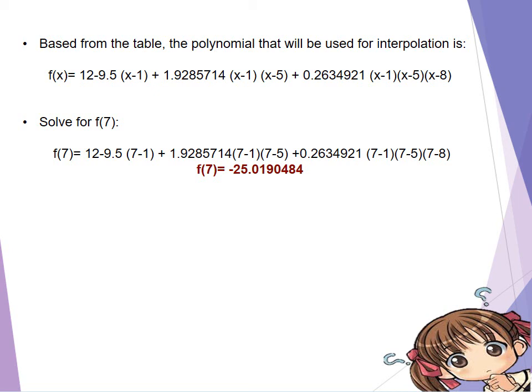From the table you only use the first values you got for y: the 12, negative 9.5, 1.9285714, and 0.2634921.